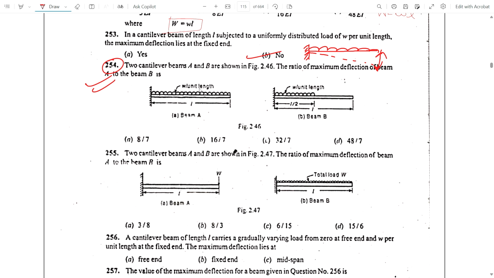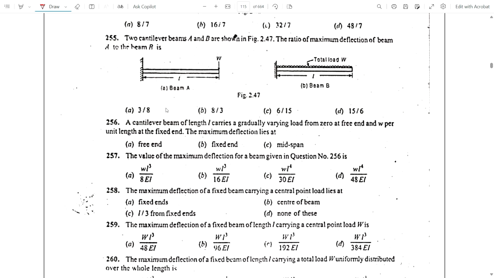Now coming to question number 255. Two cantilever beams A and B are shown in the figure.